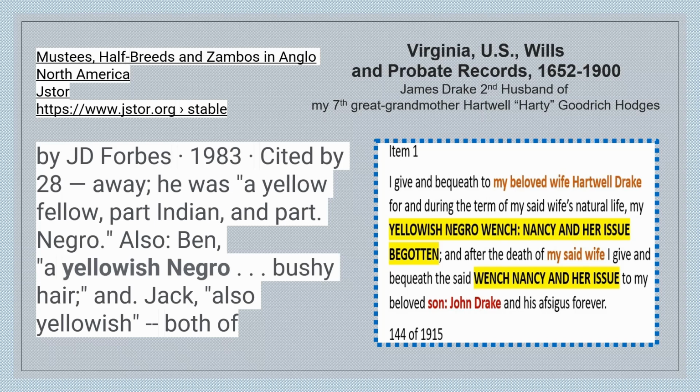So I looked up, what does yellowish Negro mean? And from the site Mustees, Half-Breeds, and Zambos in Anglo North America, by J.D. Forbes in 1983, it cited that he was a yellow fellow, part Indian and part Negro, and then just later it gives some more examples of how they used yellowish Negro in describing African Americans during that time period.